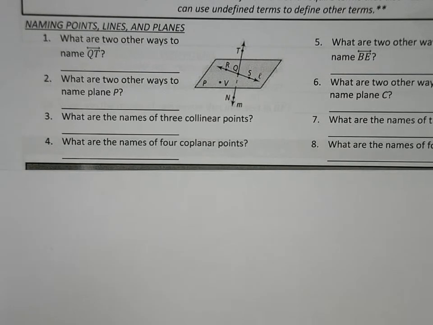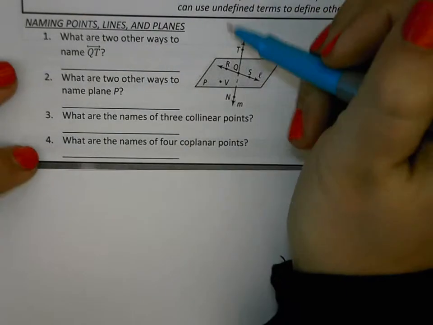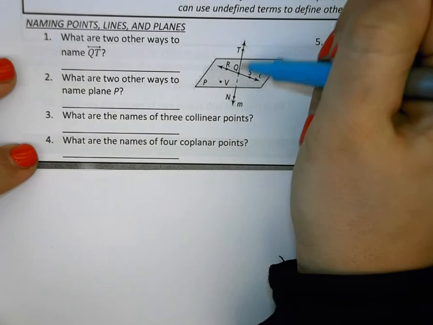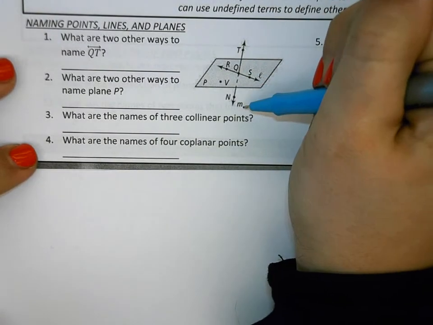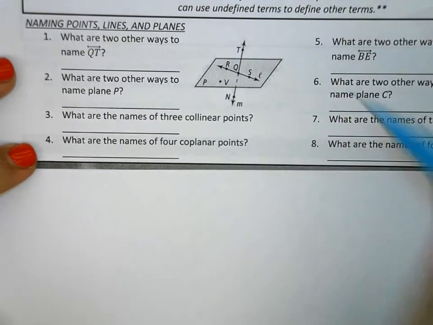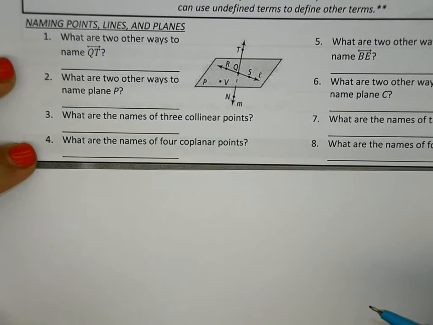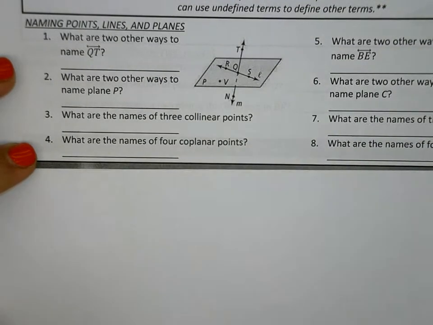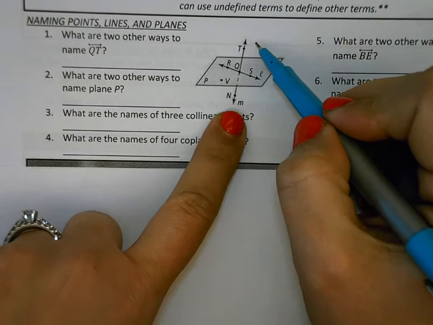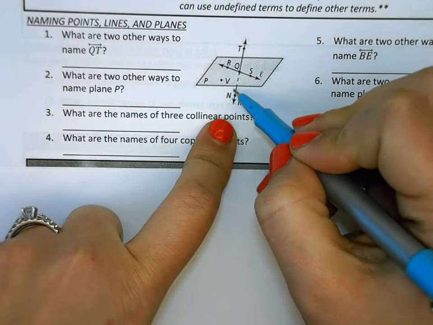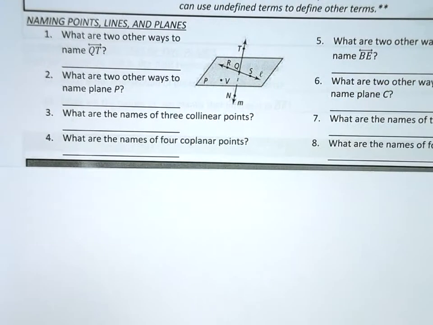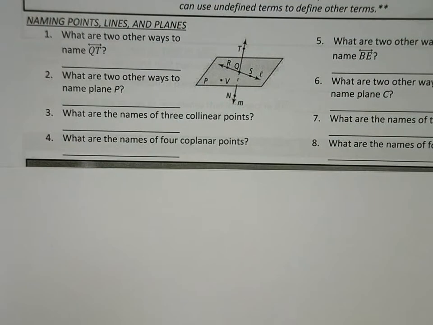But look at the other line, the line that contains points T, Q, and N, or line M. What do you notice about that line? Look very carefully. It's not a segment because it has arrows at the end, but do you guys see that dotted part right here? That means that the line is going through the plane.